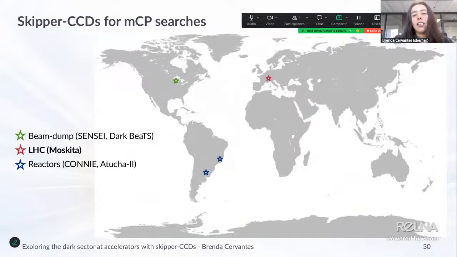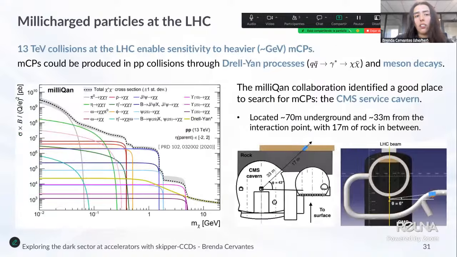Okay, great. And then we'll finish with my last setup, that is Moskita, that is actually running at the LHC. So it turns out that Millicharged particles can also be produced at the proton-proton collisions at the LHC.